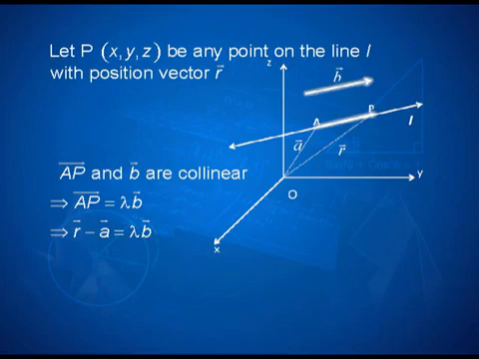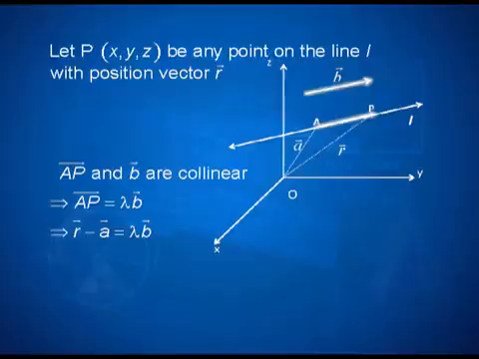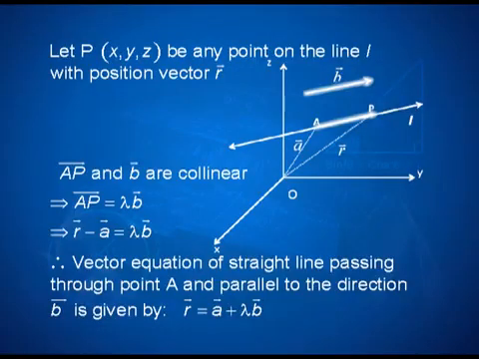So, vector AP becomes lambda times vector B. Vector AP is nothing but the position vector of point P minus the position vector of point A. That gives me r minus A equal to lambda times vector B. That gives us the vector equation of a straight line passing through point A and parallel to the direction B, given as vector r is equal to vector A plus lambda times vector B.